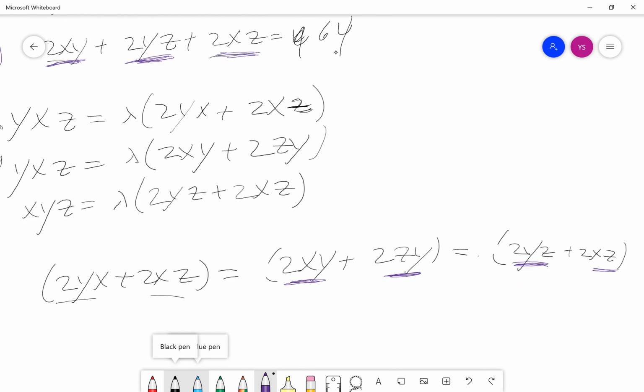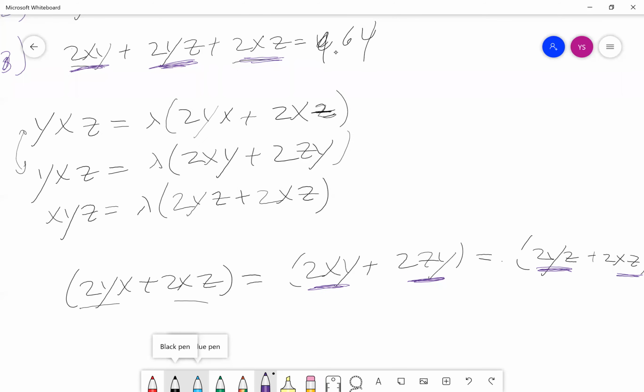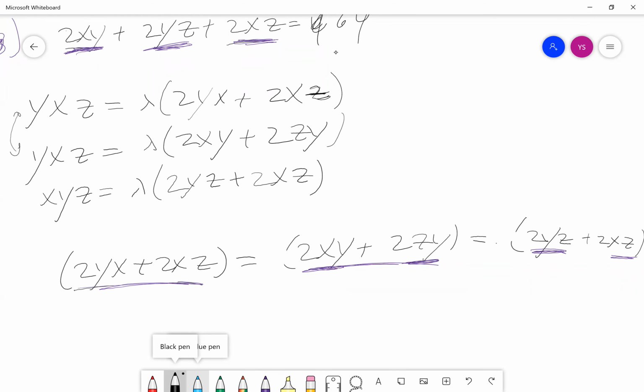Okay? So what we can say is the following. Let's take our 2xy and 2xz, and substitute it by this and see what happens. So that would give us 2yz from here plus 2xy, plus 2zy, right?